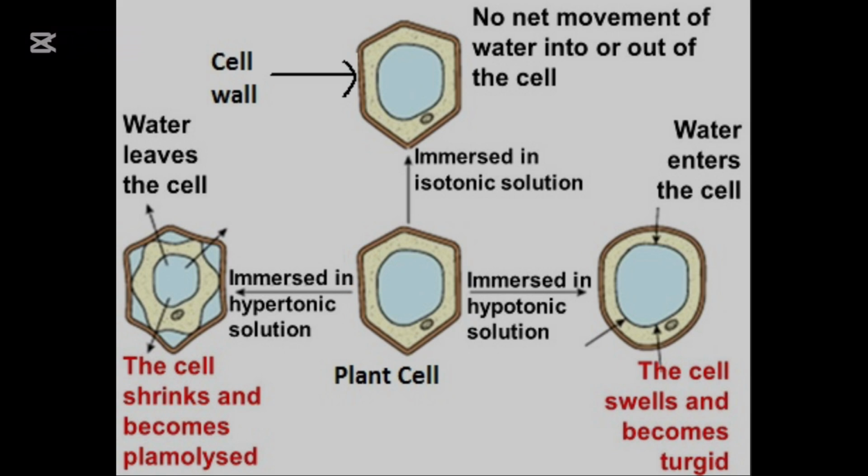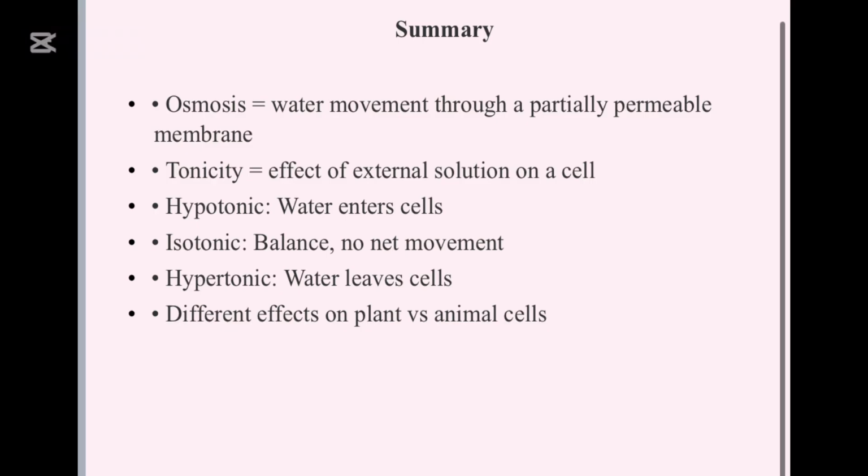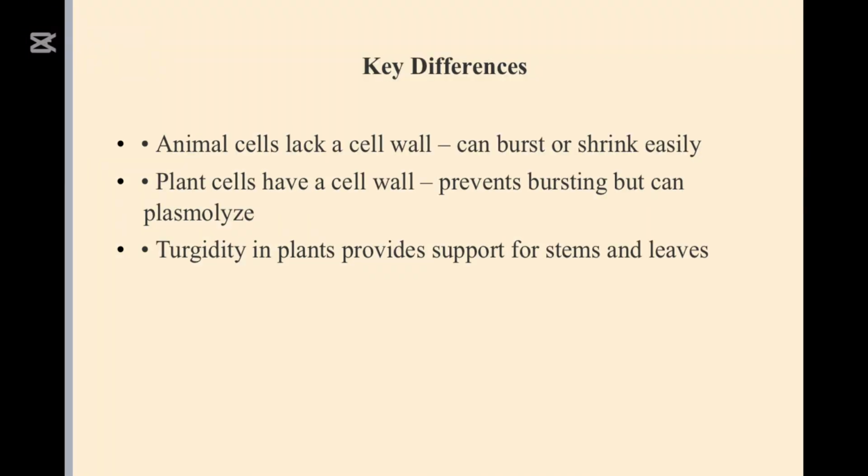Here is the summary of what we've learned so far. You can take your time to look at it. You can see osmosis, tonicity, hypotonic, isotonic, hypertonic, and the different effects on plants versus animals. Here are also some key differences between animal cells and plant cells.